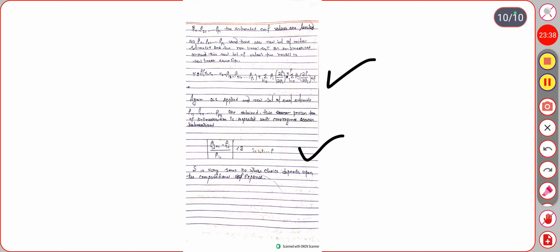So the process is repeated in this iterative linearization method. We obtain the parameters in this way, and the process of relinearization is repeated until convergence occurs.